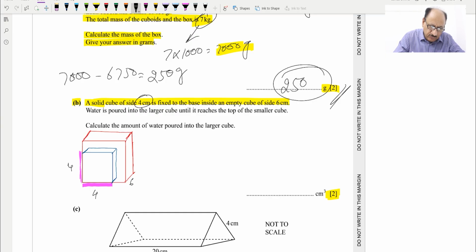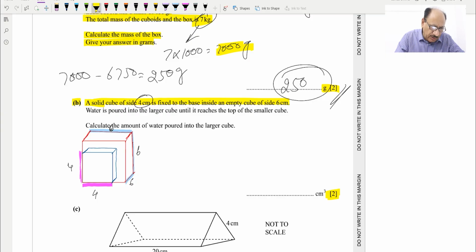This side is 6, and this height is also 6, and this side is also 6.